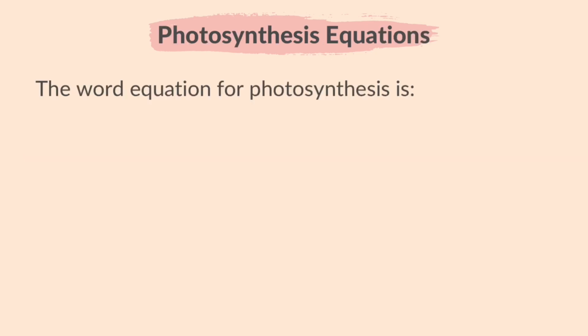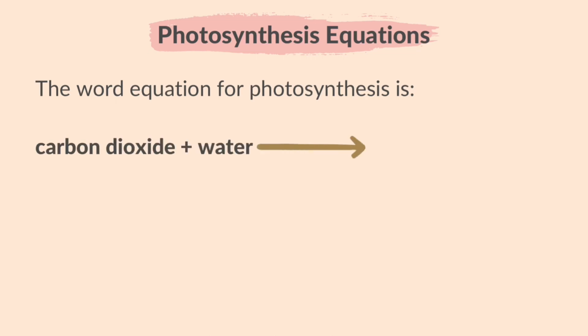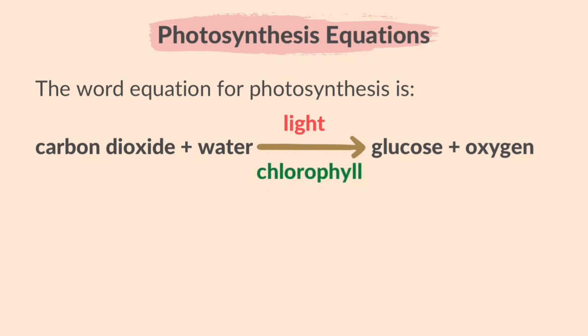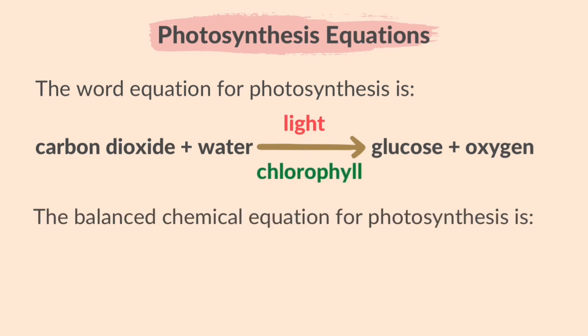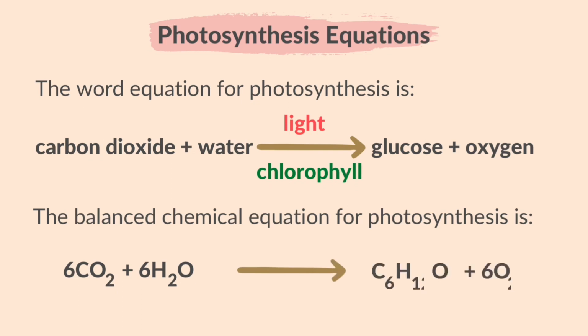The word equation for photosynthesis is carbon dioxide and water giving glucose and oxygen in the presence of light and chlorophyll. The balanced chemical equation for photosynthesis is 6CO2 and 6H2O giving C6H12O6 plus 6O2.